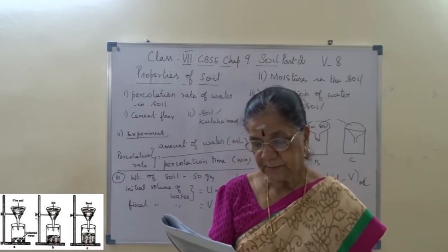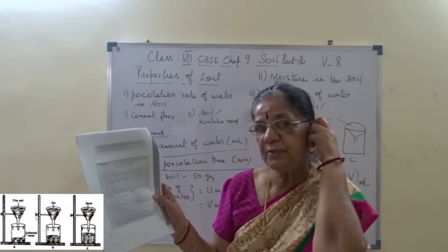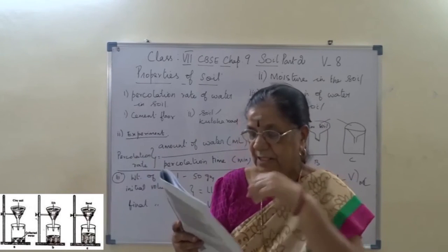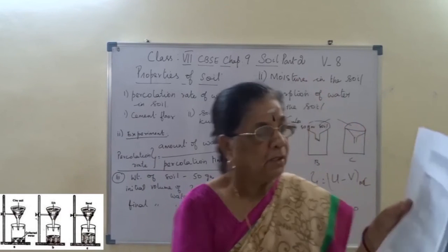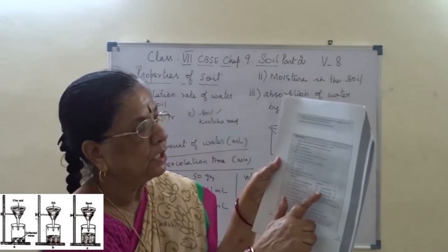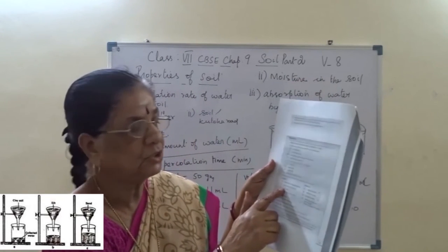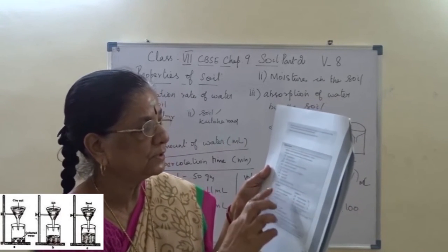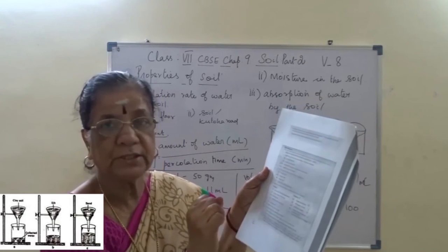Then match the column. I will tell you column 2, note it down. Match the following. Large particle is third, sandy soil. Then all kinds of soil is the first one, a home for living organisms.